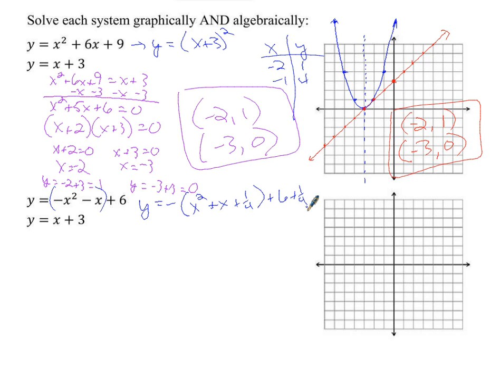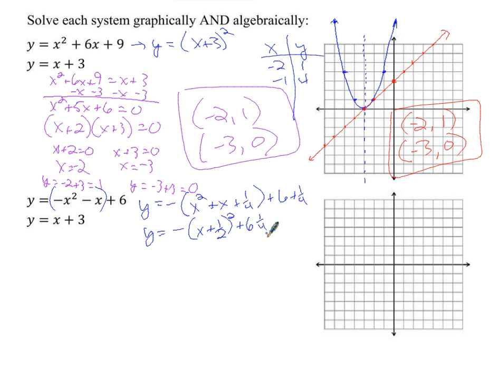So now we have a perfect square trinomial. We can write it like a perfect square. Y equals negative, parentheses, x plus 1/2 squared plus 6 1/4. I liked the improper fractions better, but in this case, since we're just graphing, 6 1/4 is perfectly fine.